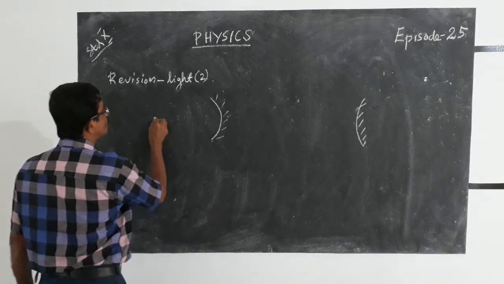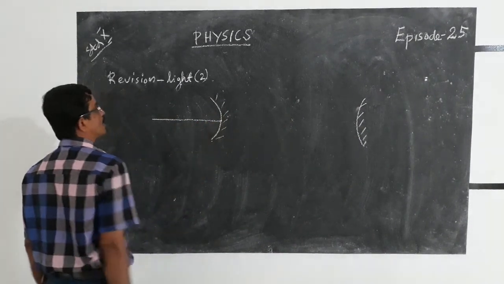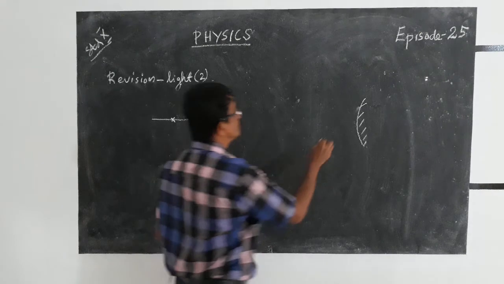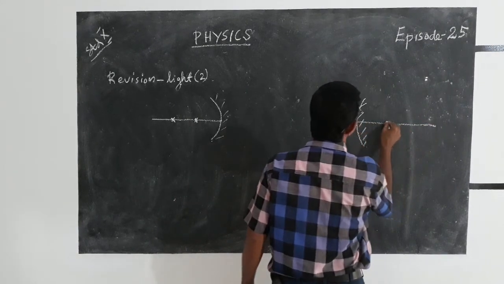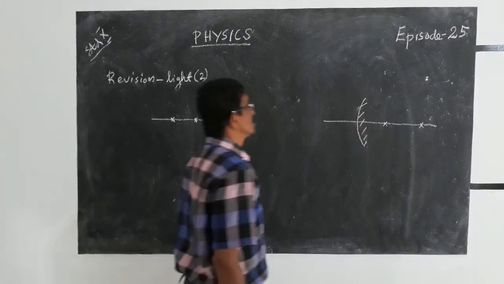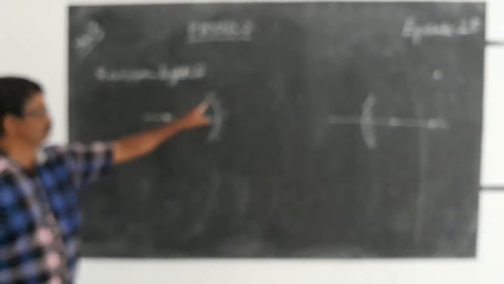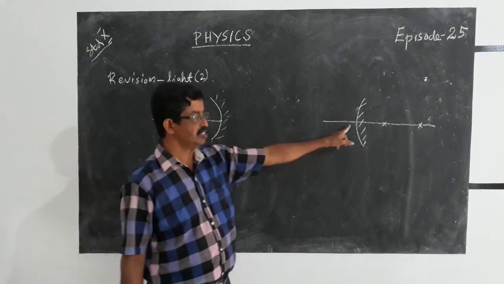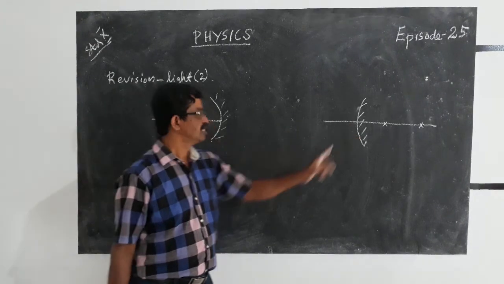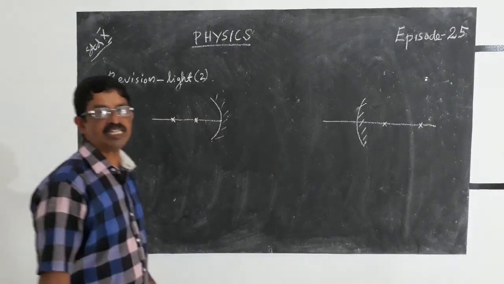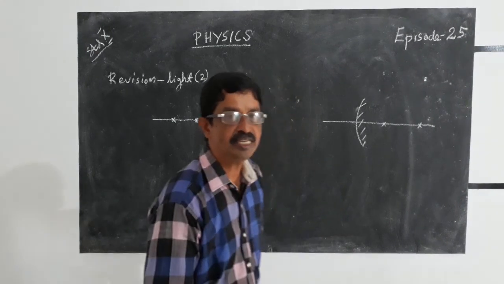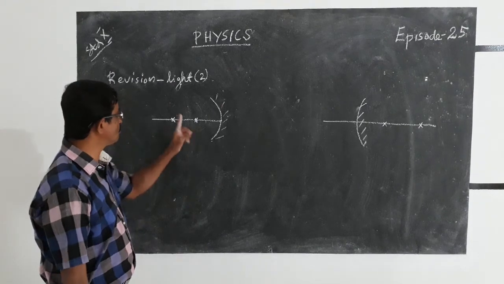Now, is this mirror concave? Yes. Then what about this one? Convex. Just before, we discussed that a ray parallel to the principal axis after reflection passes through its principal focus.